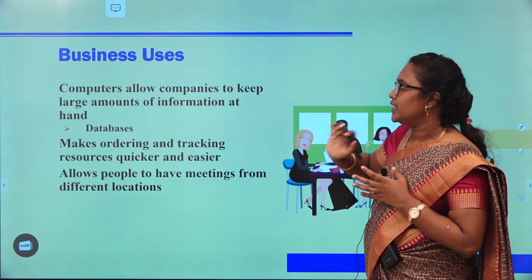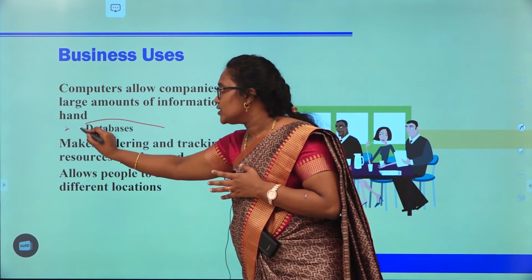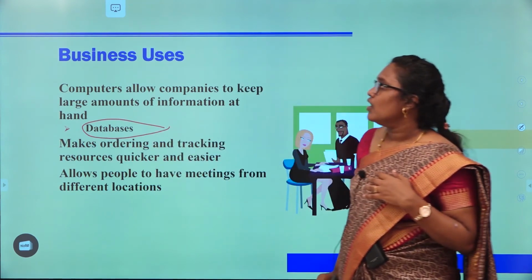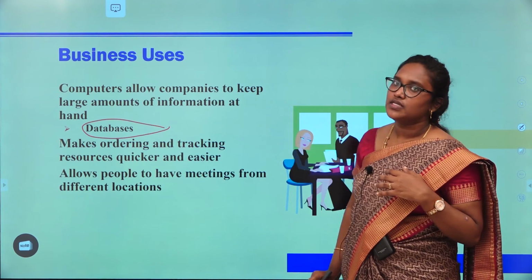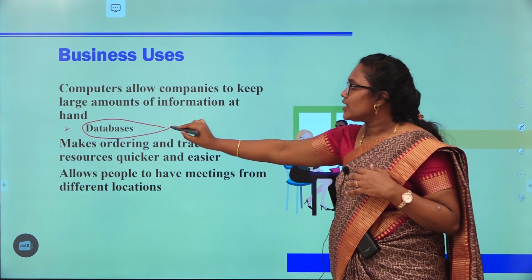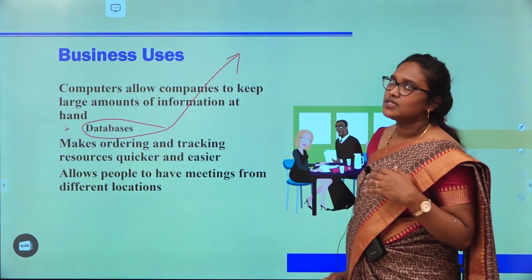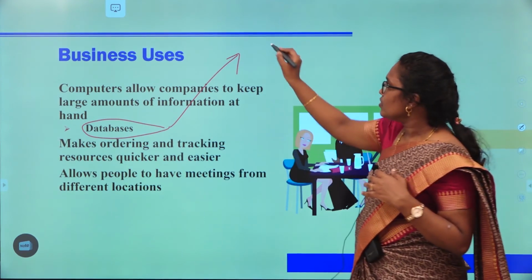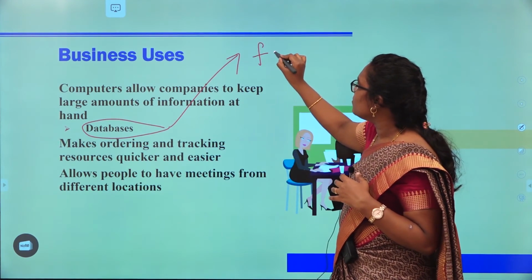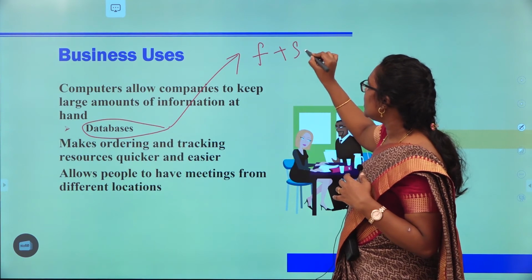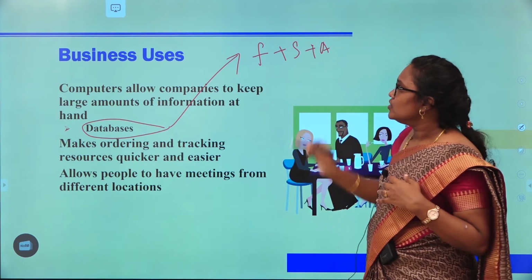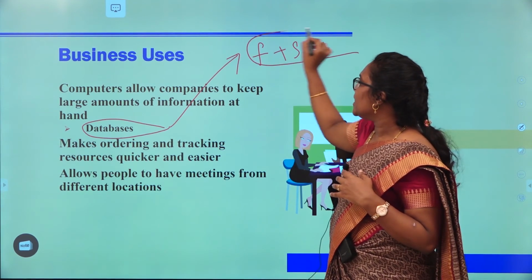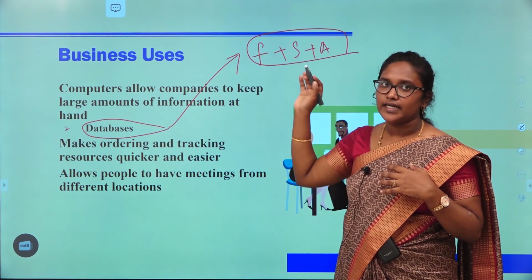Whenever you are talking about large storage of data, we consider it as a database. Database means you are having faculty information plus student information plus academic information. So all this data will be stored in a database.